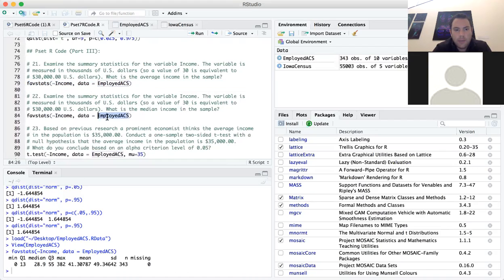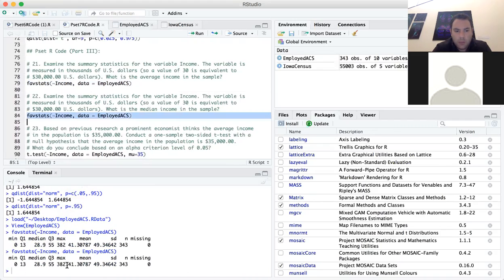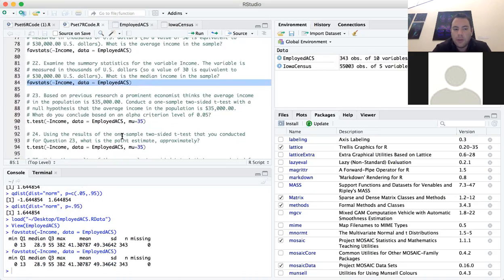If we take a look at the median income, we see that the median income is 28,900. So as you can see here, the mean is larger than the median value. So it shows that there's probably some skewness in the data.